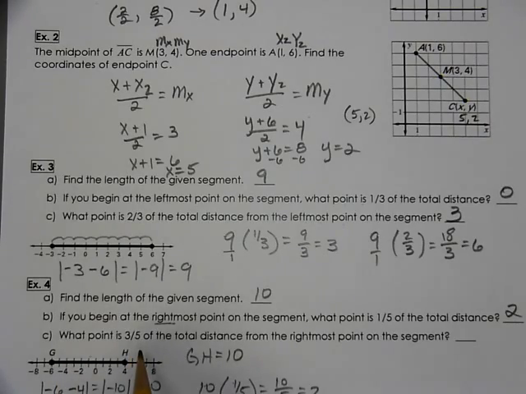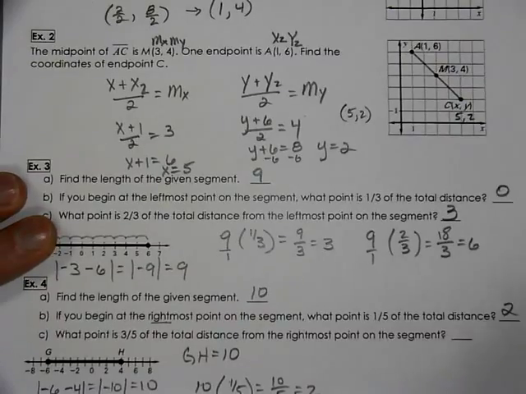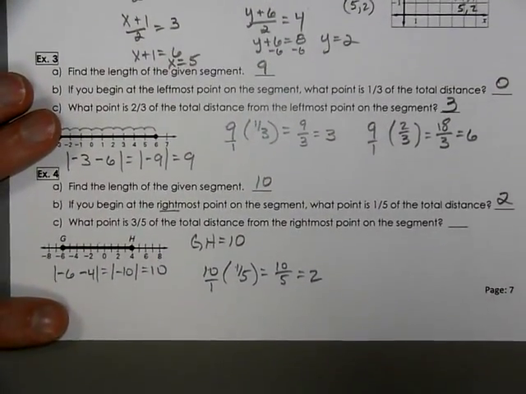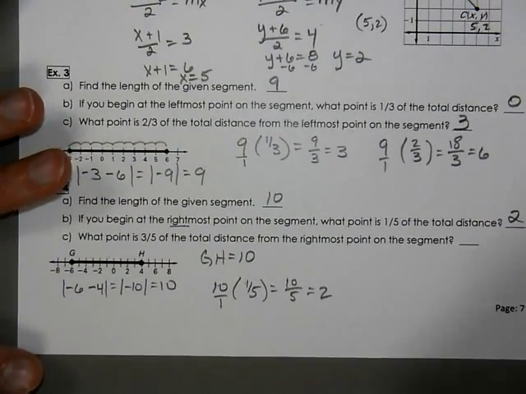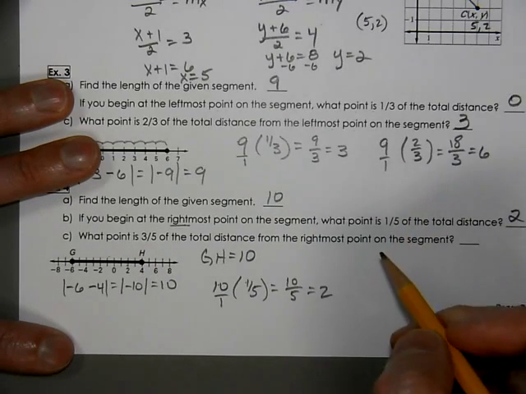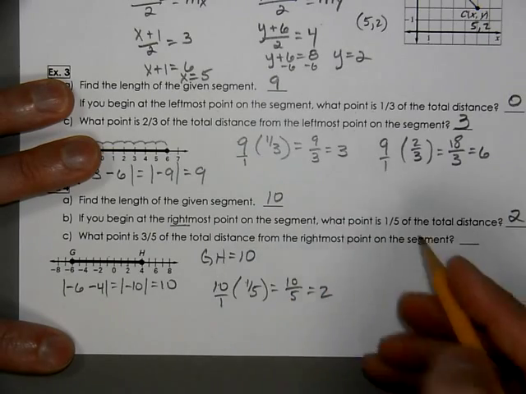What is 3/5 from the rightmost point? Well, we're going to take 3/5 of the total distance.